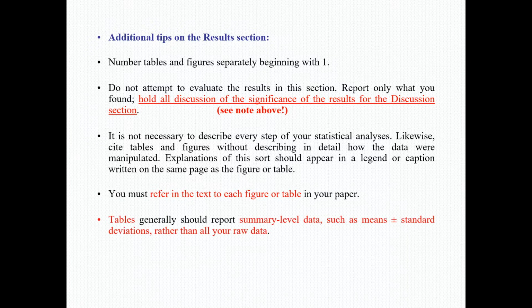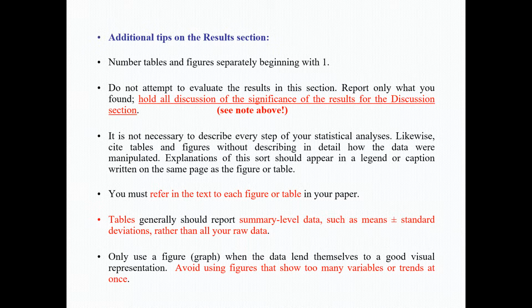A table generally should report summary-level data such as means plus or minus standard deviations rather than all your raw data. Only use a figure or graph when the data lend themselves to a good visual representation. Avoid using figures that show too many variables at once.